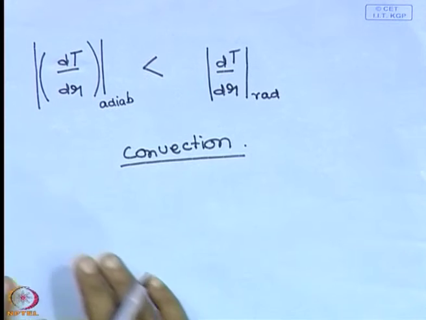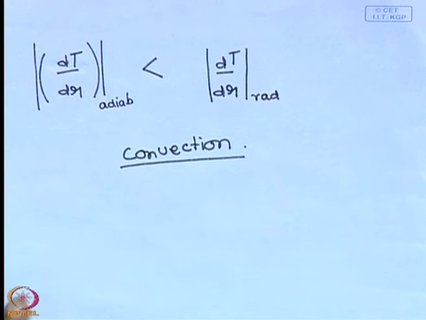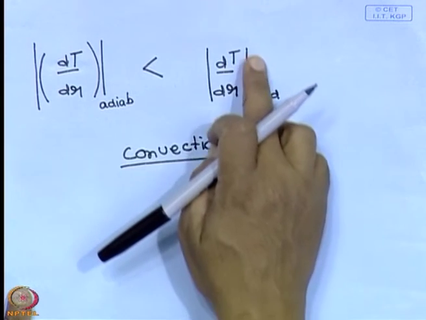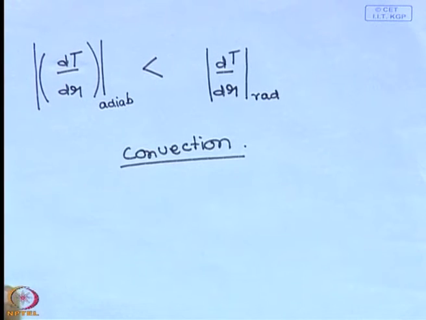Now, when you solve the structure of a star, you have to solve all of those 4 equations which I showed you just now. So, if the luminosity somewhere becomes sufficiently large that this condition is satisfied, you have convection. Okay. So, when you solve the equations for the structure of a star, it usually happens that the condition for convection is valid in certain parts of the star only.